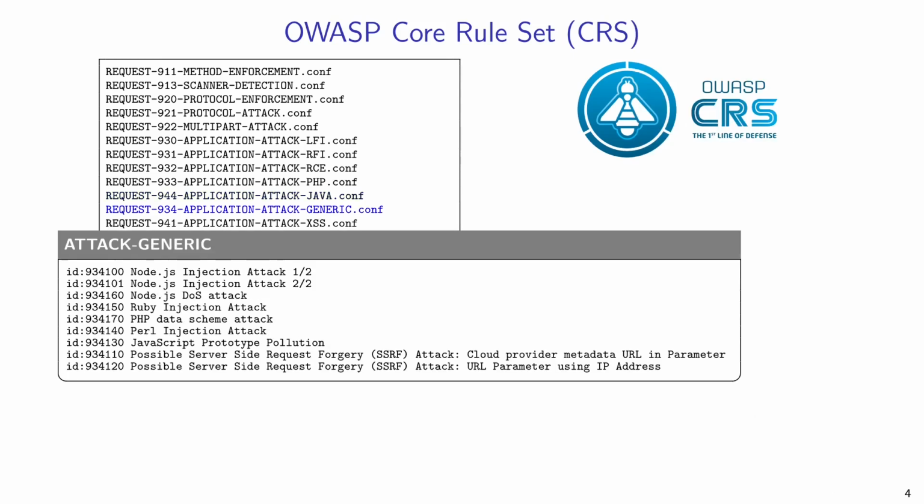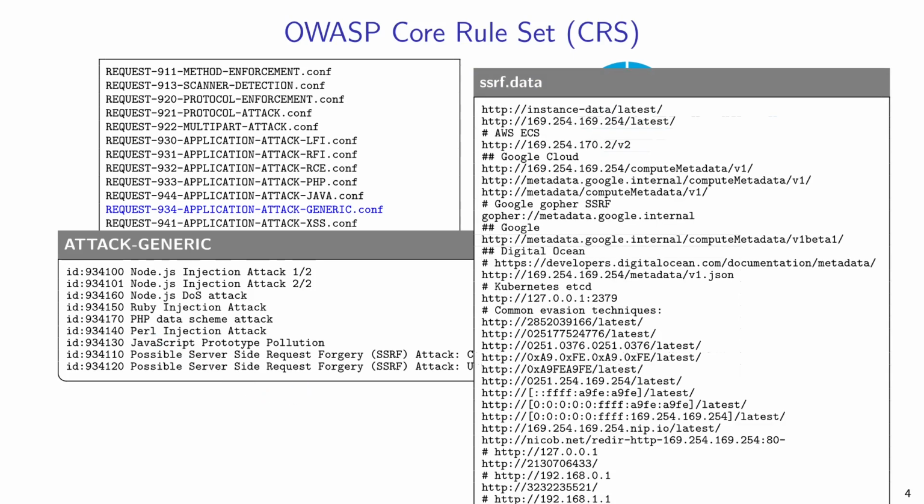Then there are also generic attack rules to detect Node.js, Ruby, and Perl specific attacks. These rules also try to detect server-side request forgery attacks, by using a database of URLs frequently used in SSRF attacks.